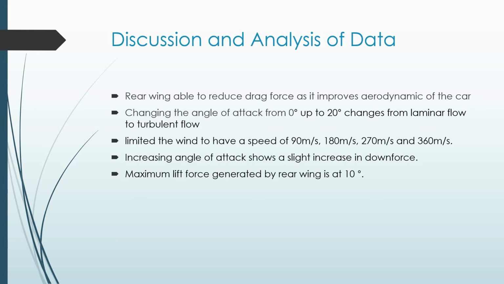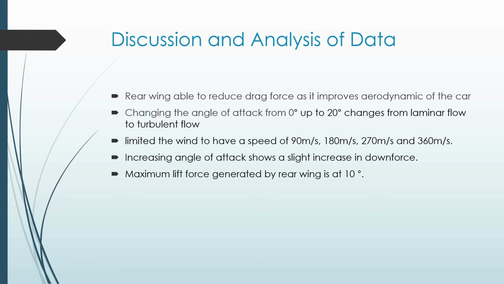So by changing the angle of attack of the rear wing, we're able to achieve different amounts of downforce and lift force generated by the wing. For example, we'll be changing the angle of attack from 0 degrees to 20 degrees. And we're able to see that the flow of wind changes from being a limited flow to turbulent flow as the angle of attack gets more and more aggressive.